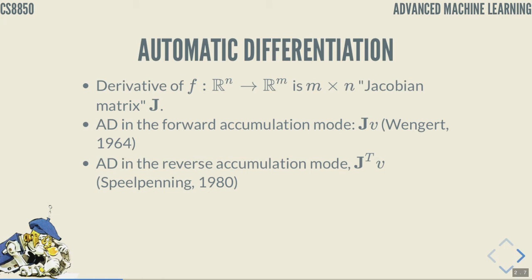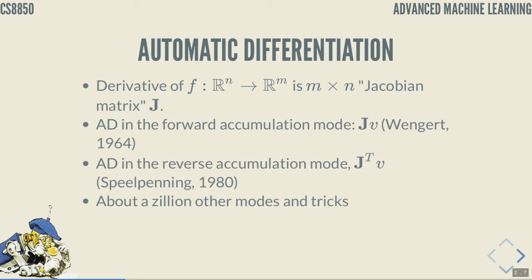AD in the reverse accumulation mode computes Jacobian transpose times some vector. Everything will become clear eventually in this lecture. Bert Speelpenning introduced that in 1980. This is basically solving the problem that backpropagation is currently solving, but doing it in a more principled way.